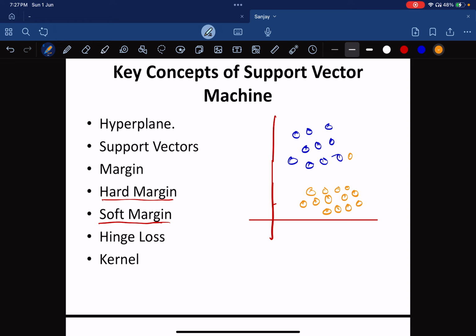In this case, it will find the hyperplane like this. It always finds the hyperplane as a straight line, so no data points are allowed in the other classes.